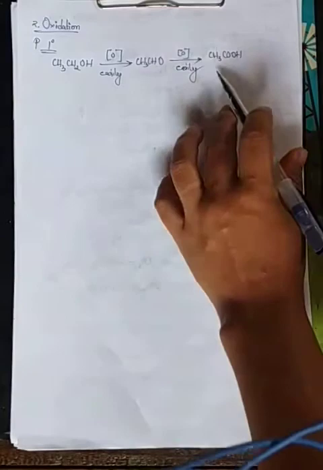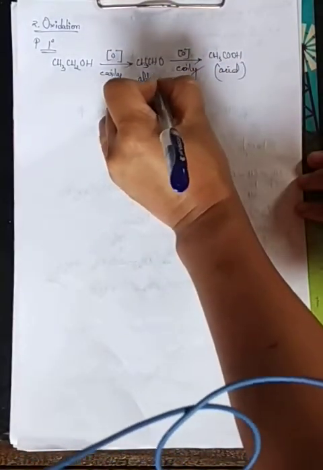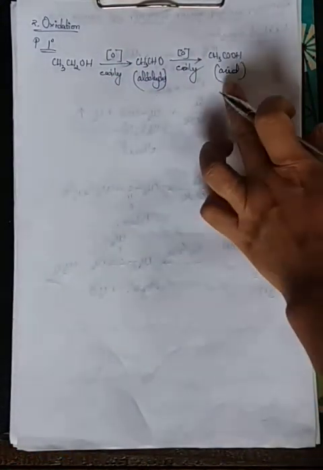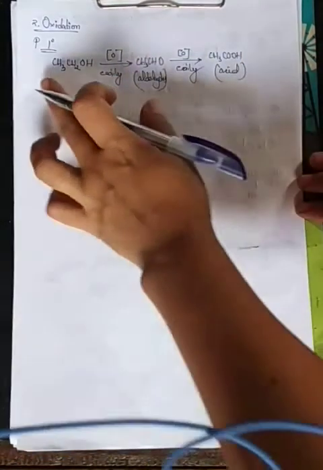The acid also has the same number of carbon atoms as the alcohol. Thus, a primary alcohol gets easily oxidized to give us an acid. This is our acid, and this is the aldehyde. Our alcohol has 2 carbon atoms, and the acid also has 2 carbon atoms.